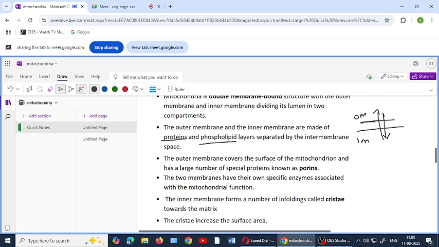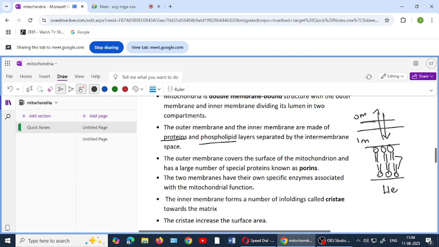The structure of phospholipid is like this. This is the phospholipid bilayer. This is the head area and this is the tail area.